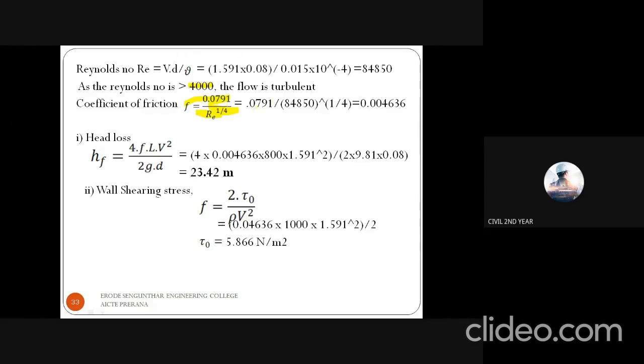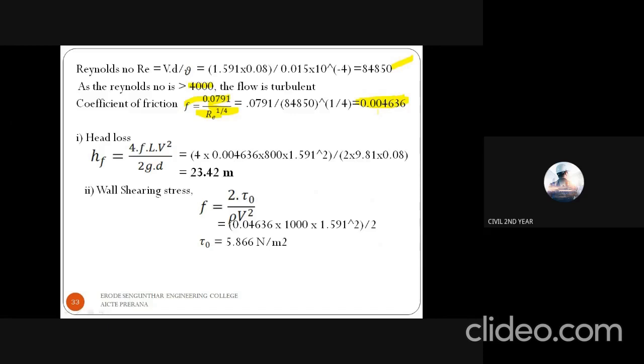Substituting, 0.0791 divided by 84850 power 1 by 4, which is equal to 0.004636. This is the coefficient of friction, the F value.